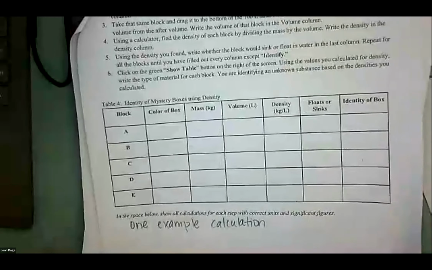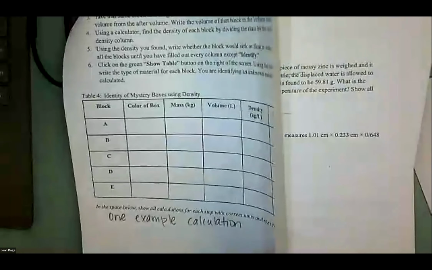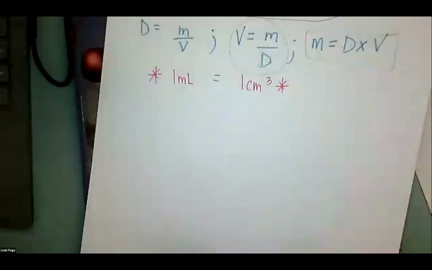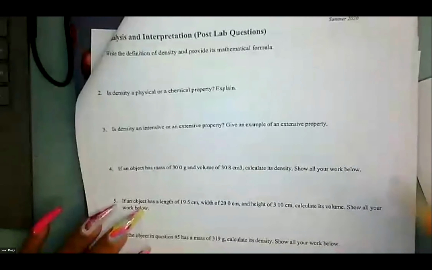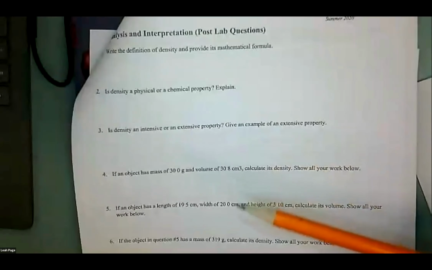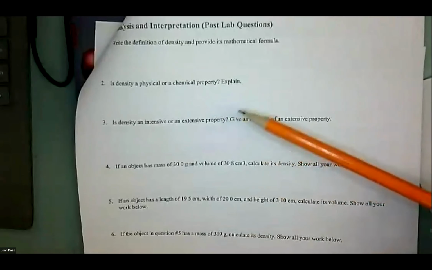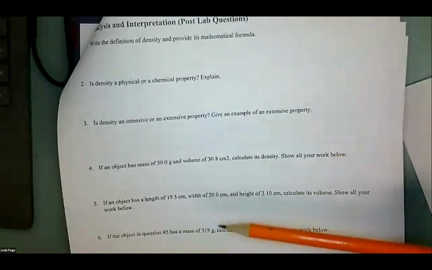And then finally, the last part says we're going to answer these questions. We have about 10 problems to answer. Now, some of this we haven't quite gone over. We're going to go over it on Monday, but I still want you guys to just look up the answers because I think they're pretty straightforward questions.